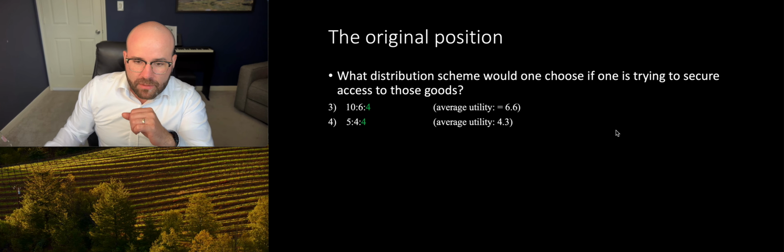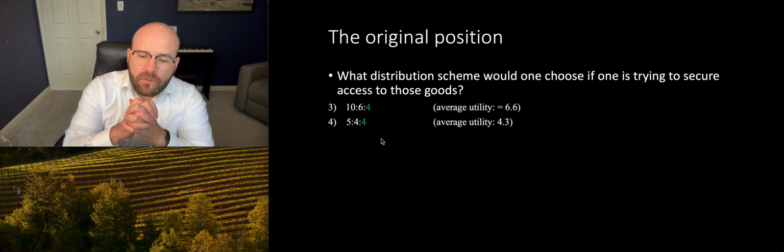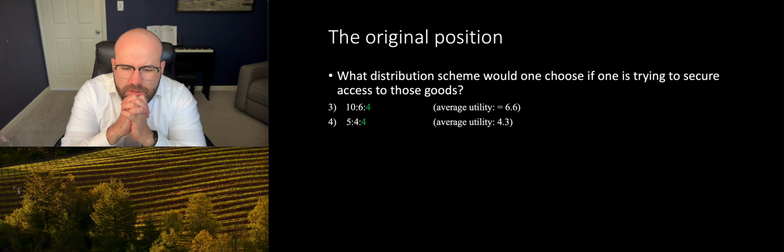We have 5.4.4 and 10.6.4. Now, the strategy of maximin just says maximize the worst off position, but in this case they're the same. So maximin doesn't actually decide between these two. Maybe you should pause here and think about which one you would prefer. Which society, 10.6.4 or 5.4.4?